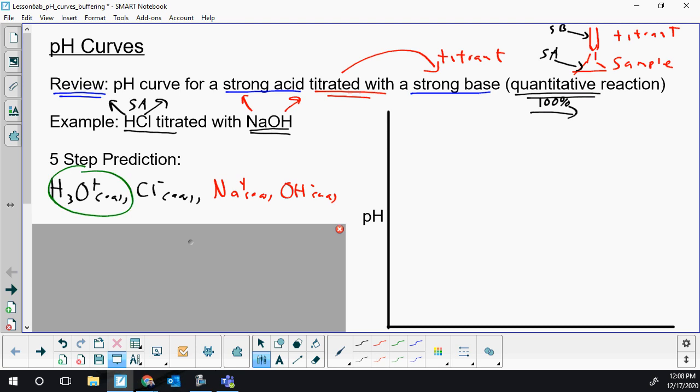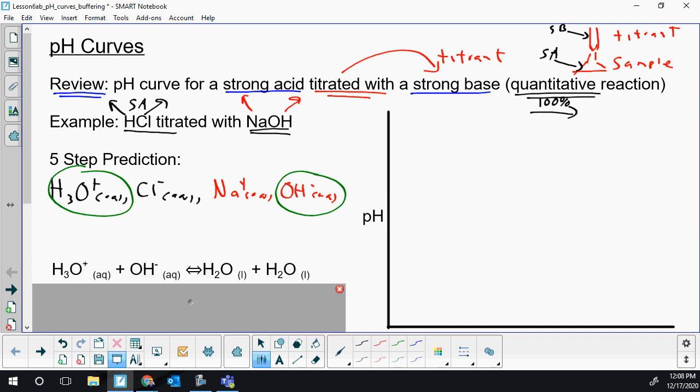That's going to be our strongest acid, and as soon as we see hydroxide, hopefully we don't even look at our table. That's the strongest base. So when you have a strong acid reacting with a strong base, the Bronsted-Lowry chemistry that you get is hydronium reacting with hydroxide, and you get 2 waters with this H+ transfer.